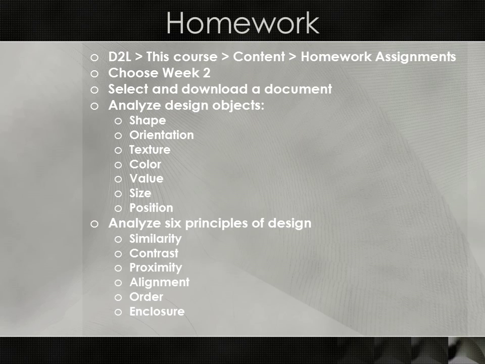And then analyze the 6 principles of design and how they're used in this document: similarity, contrast, proximity, alignment, order, and enclosure. And I'll leave a board open on the discussion boards if anyone has any questions about the homework, but it should be fairly self-explanatory once you've taken a good close look at Chapter 2.